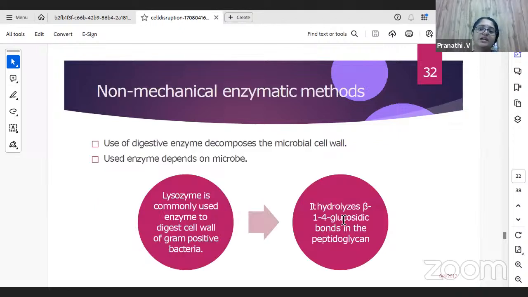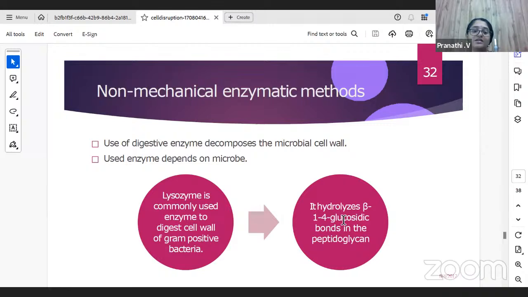You have non-mechanical enzymatic methods also. So you're going to use enzymes to disrupt the microbial cell walls. We are talking about bacteria over here and the microbes. So you can use lysozyme. Lysozyme is an enzyme. Lysosomes also have it, right? So that is present in all our cells.